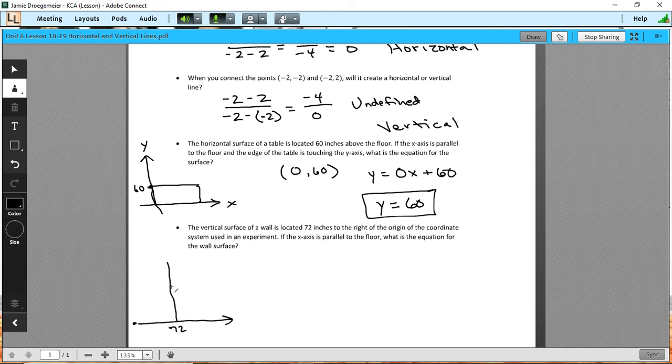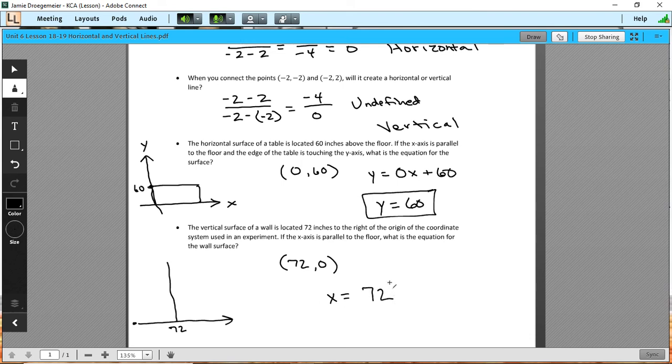If that x-axis is parallel to the floor, what's the equation for the wall surface? All right, so in this case, vertical line, we know our x-axis is at 72, 0. We have an undefined slope. All we know is that every x value here is at 72.